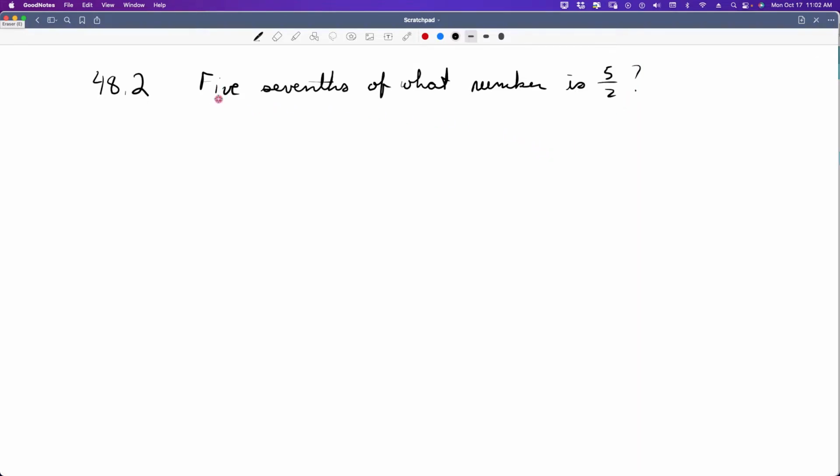So this is giving us the fraction here. This is our fraction, 5 over 7. Of is multiplication. What number? That's n. We don't know what the number is. That's our variable, right? Is is our equal sign. And then 5 over 2 is the other side of the equation, what all of this is supposed to be equal to.